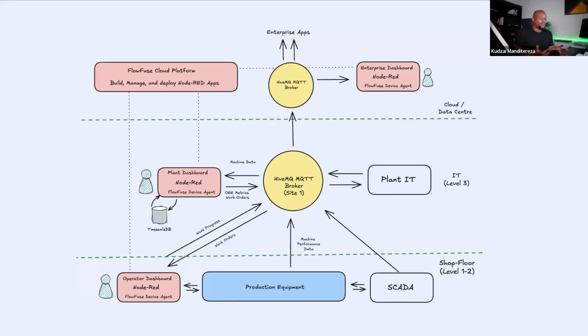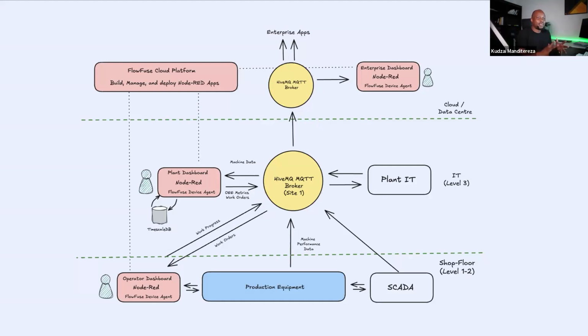You've got production equipment that is pushing information back up into that unified namespace, and that Node-RED instance is then able to consume that information and present it to say, we have pushed the work order into the unified namespace, and this is how effectively we're executing on it.